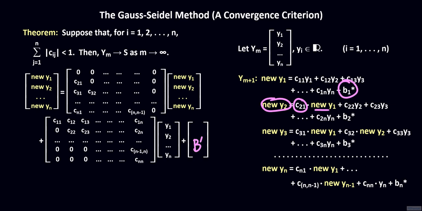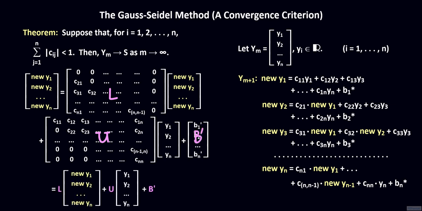This product is added to b sub 2 star, giving us b sub 2 prime. Let the components of the vector b prime be lowercase b sub i prime, where i goes from 1 to n. We call the lower triangular matrix uppercase L, and the upper triangular matrix uppercase U, so that we have this matrix equation for the Gauss Seidel recursion.